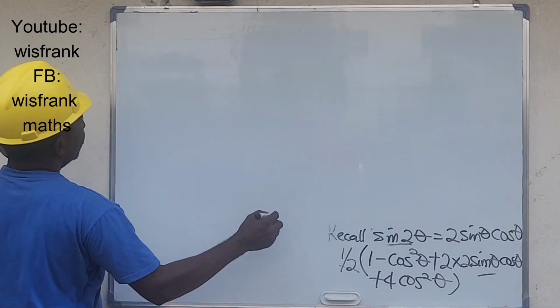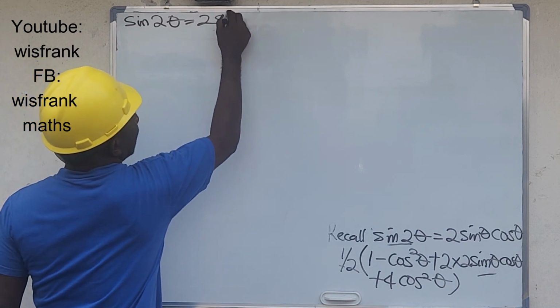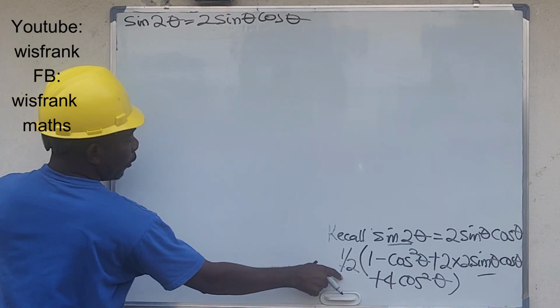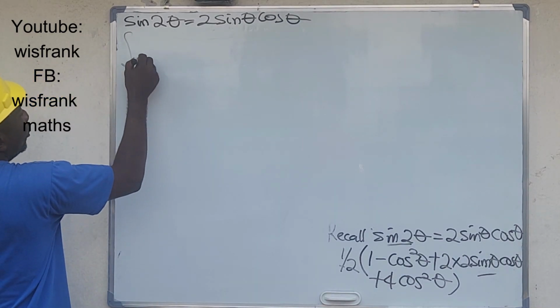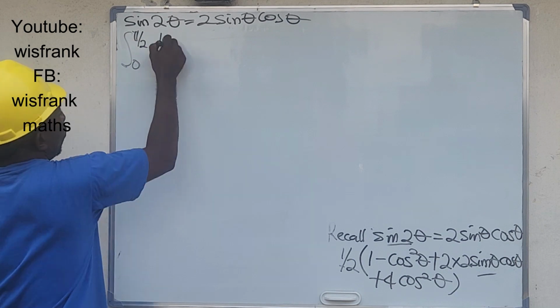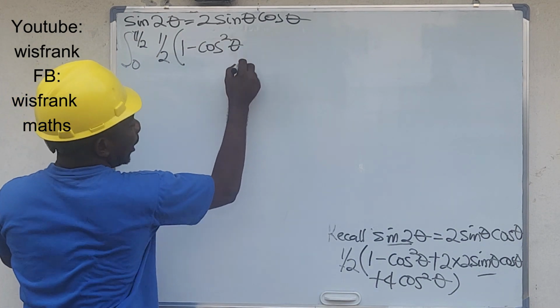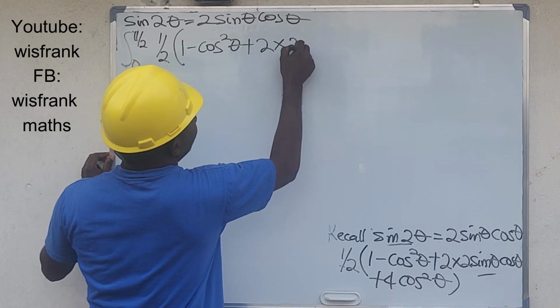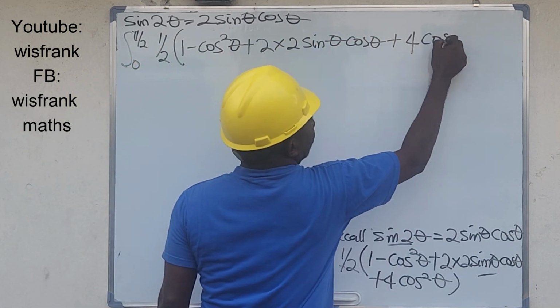As we say, sine 2 theta equals 2 sine theta cos theta. So for our expression, we have the integral with limits 0 to pi over 2 of 1 over 2 into 1 minus cos squared theta plus 2 times 2 sine theta cos theta, then plus 4 cos squared theta.